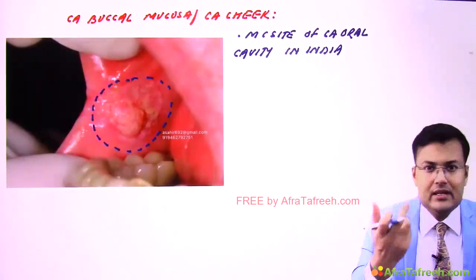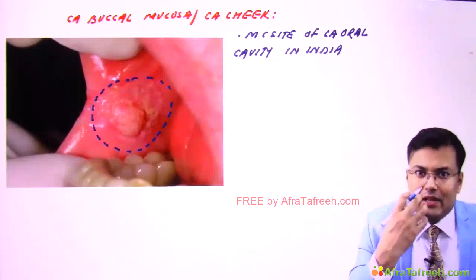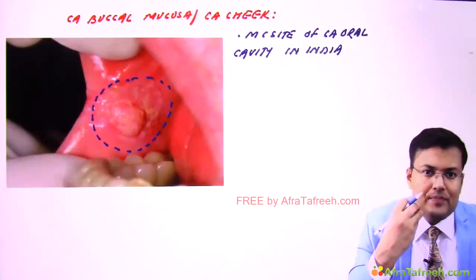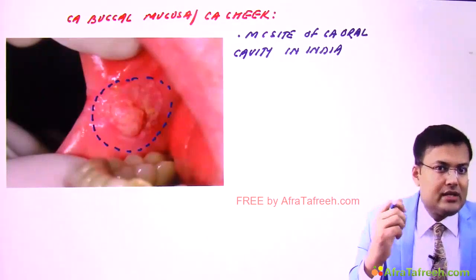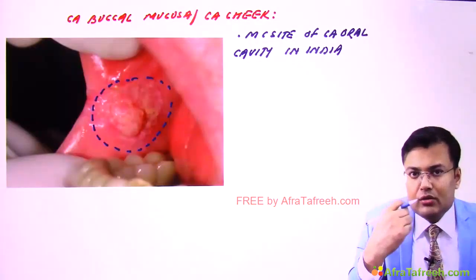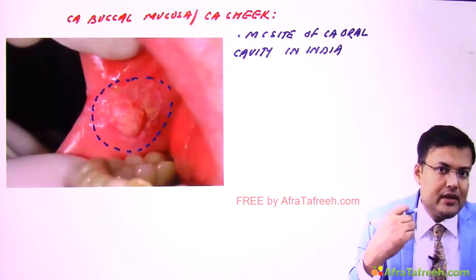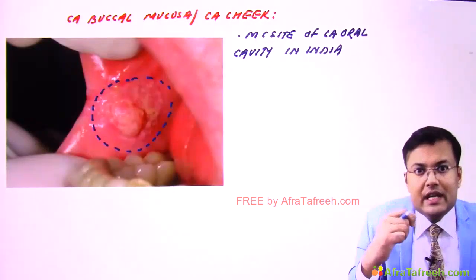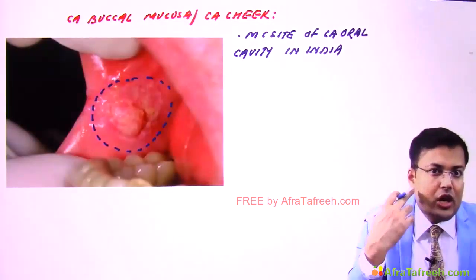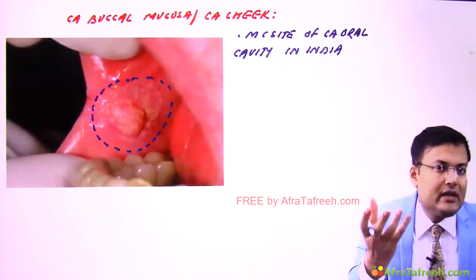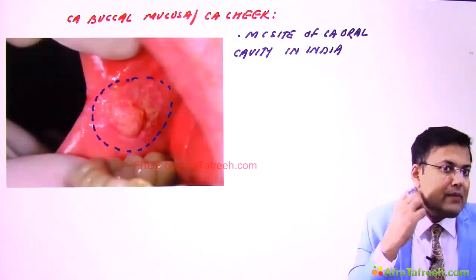Now what is the presentation? These patients are having the growth over buccal mucosa or this aspect of cheek. Now see the presentation. So patients are coming to us with this kind of growth over the buccal mucosa. In these growths, there is minimal pain. Sometimes there is obstruction of Stenson's duct. You must be knowing that Stenson's duct is for that parotid.